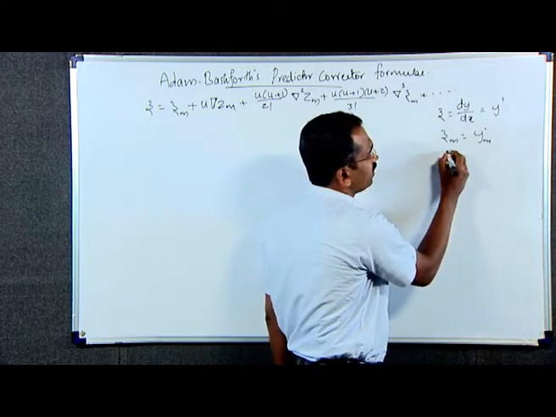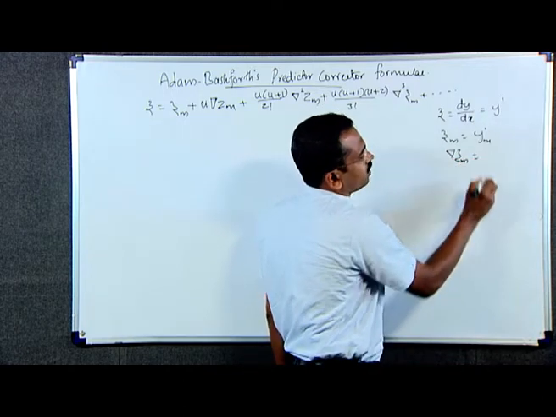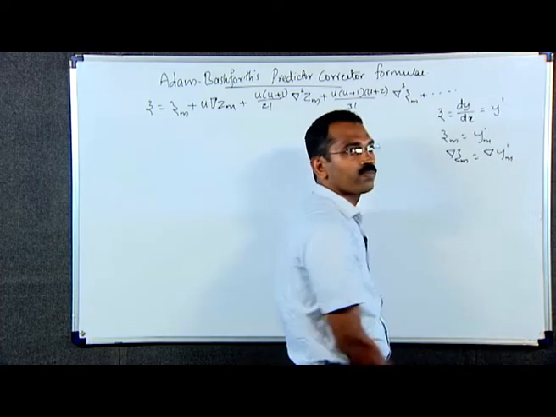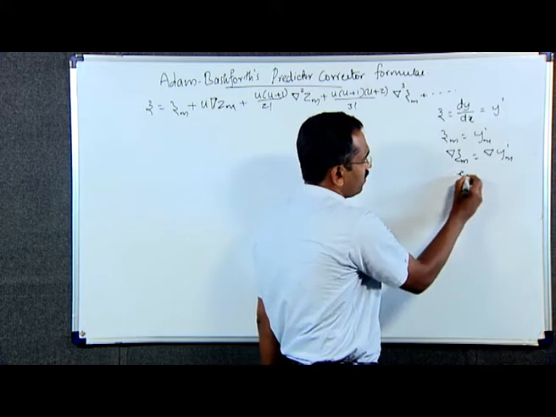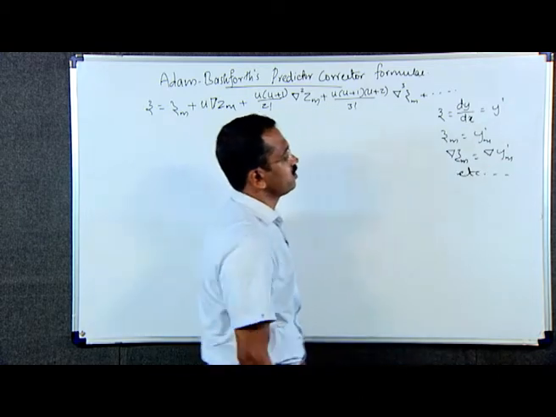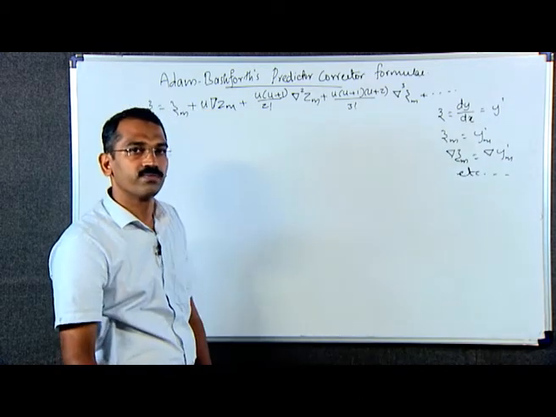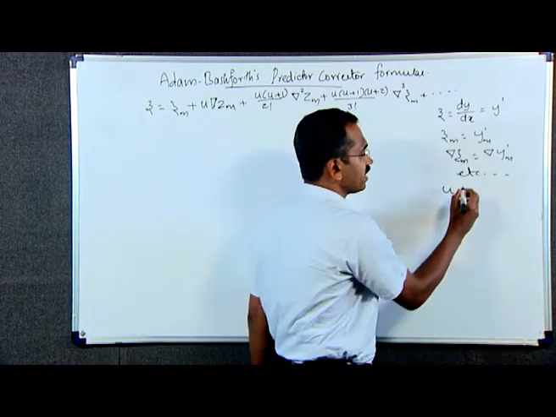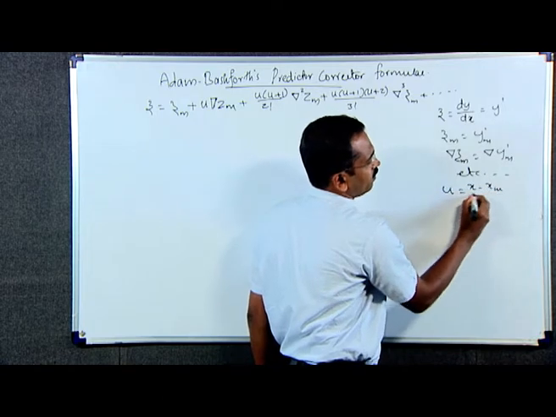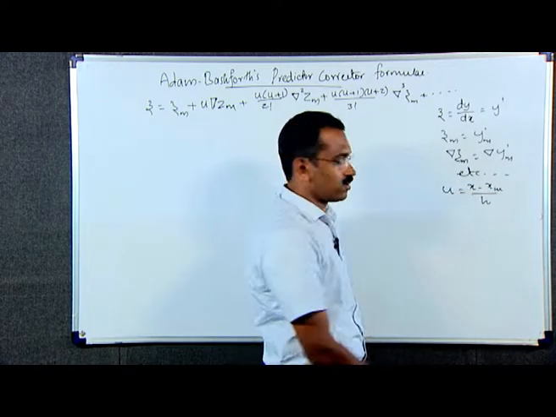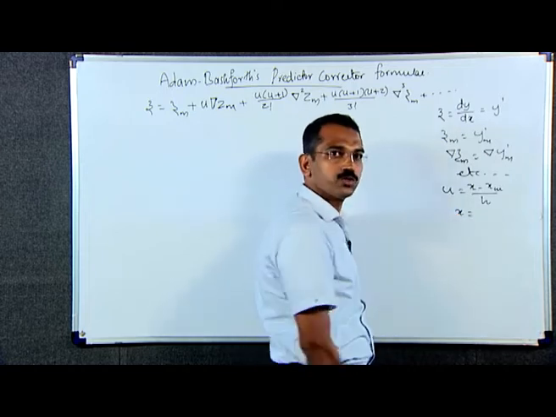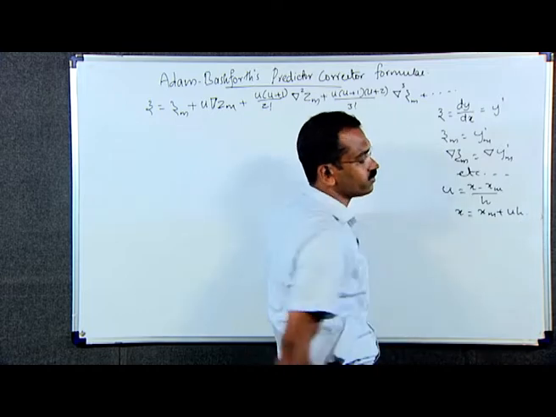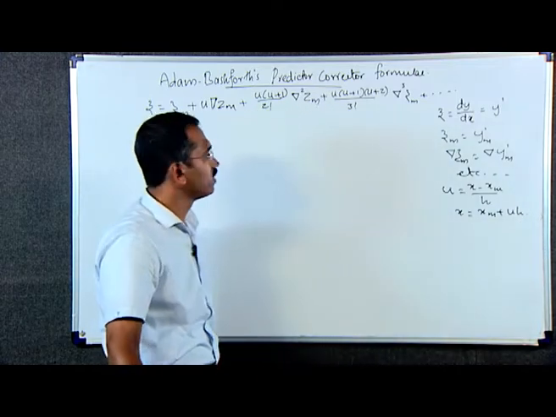Del Zm is del ym dash, etc. These are the notations used in this formula, and u is defined as x minus xm divided by h, that is x is equal to xm plus u into h. H is the step size.